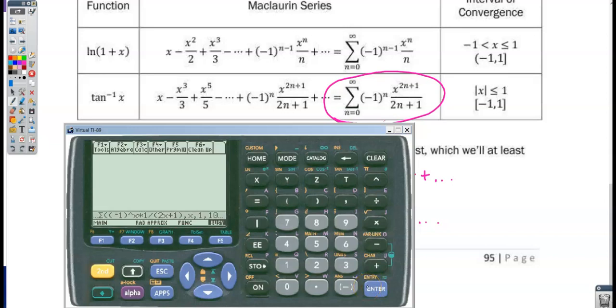I hate when I type something in wrong and I can't find out what's going on. Something went wrong here. Did I type something in wrong again? Or is it my calculator incapable of doing this computation? What happened here?